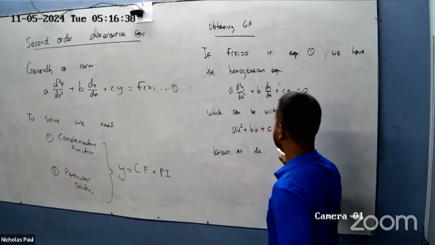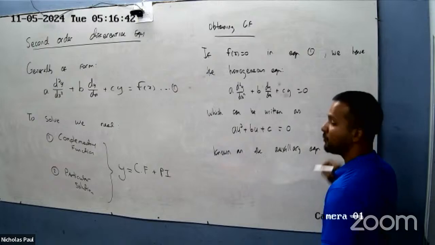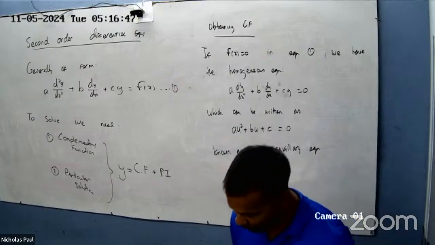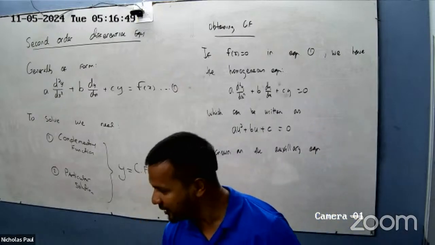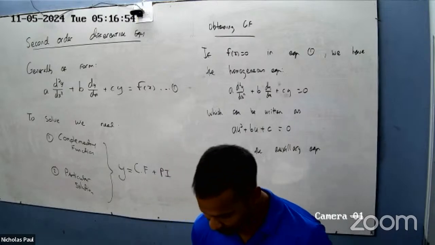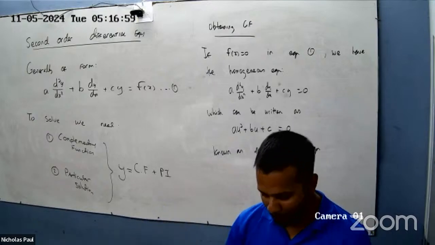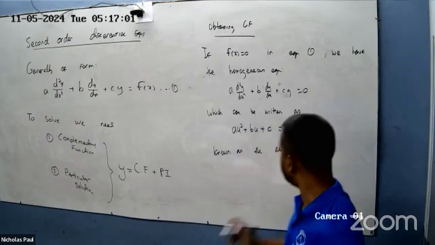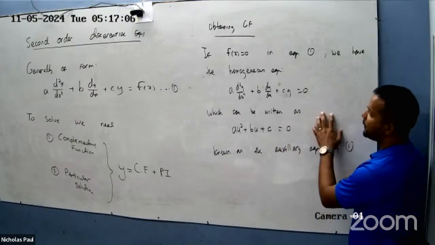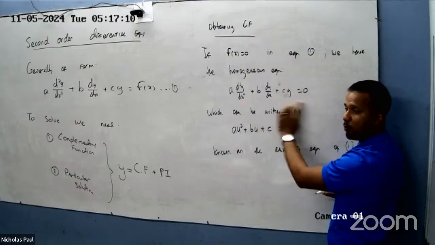known as the auxiliary equation. So what we have here, when you make f of x equal to 0, is called a homogeneous equation.